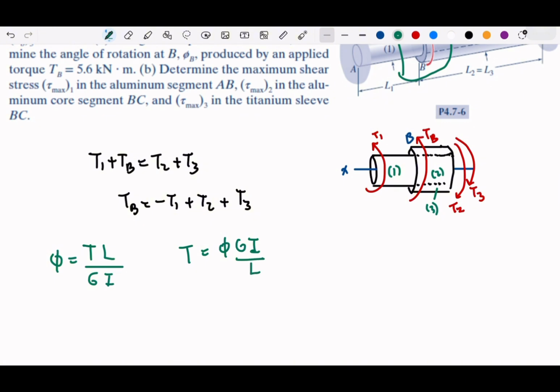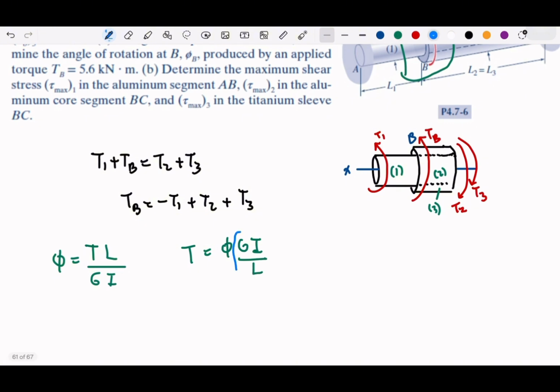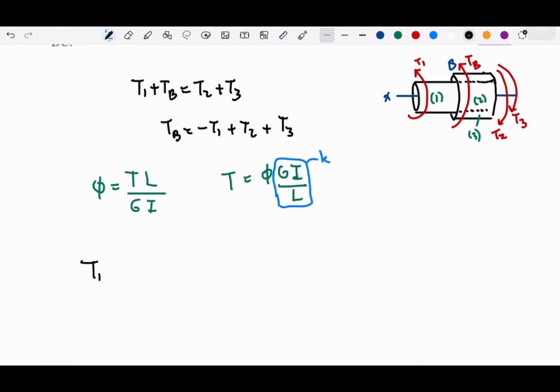Okay. And suppose that this is something that we can compute at the beginning. We can rewrite this as k, small k. So we can write T1 is phi1 times K1.